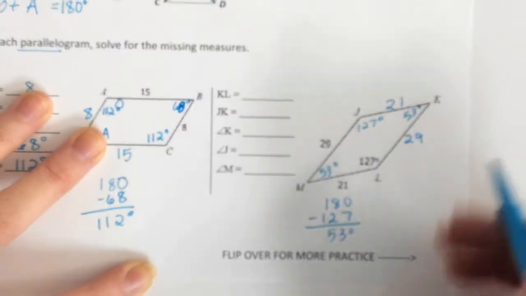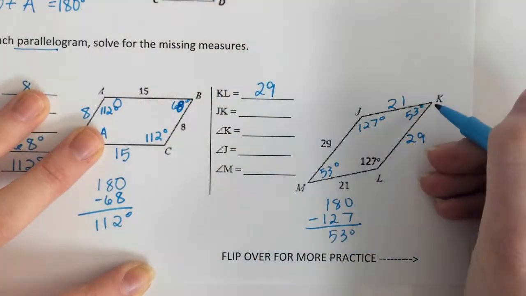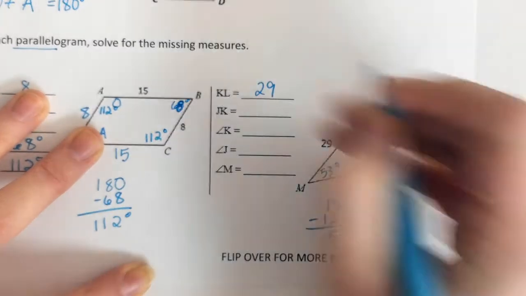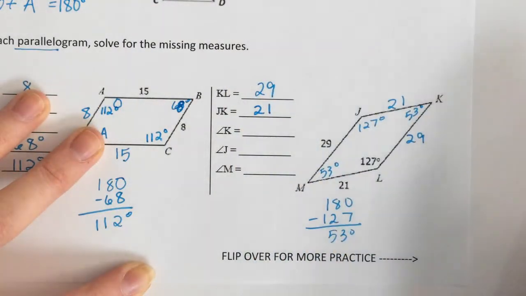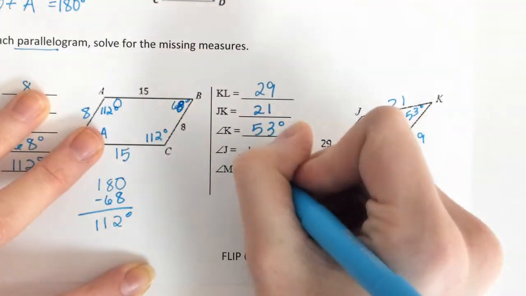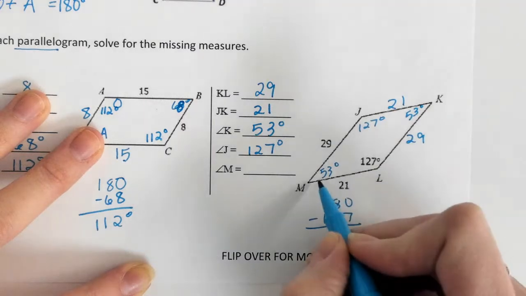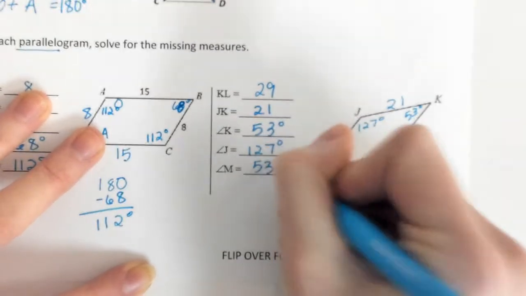So KL is 29. JK is 21. Angle K is 53. Angle J is 127. And angle M is 53.